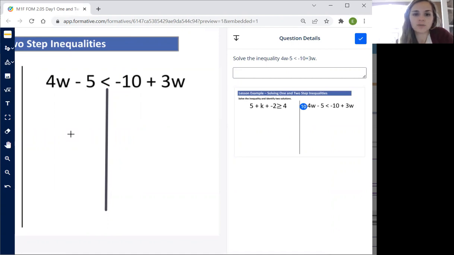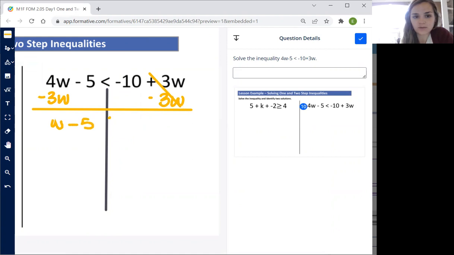Okay, so we have 4W and 3W, so we need to subtract the 3W from both sides. Okay, and then those cancel each other out. So 4W minus 3W is just 1W or W. Minus 5 is less than -10.